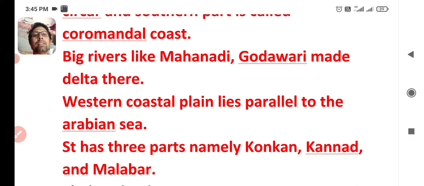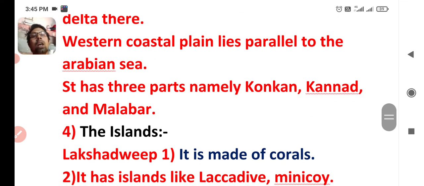It has three parts, namely Konkan, Kannada and Malabar coast. I think you heard the name of Malabar coast in 8th class history, in the point that Tipu Sultan abandoned the export of cardamom and other things from this coast.